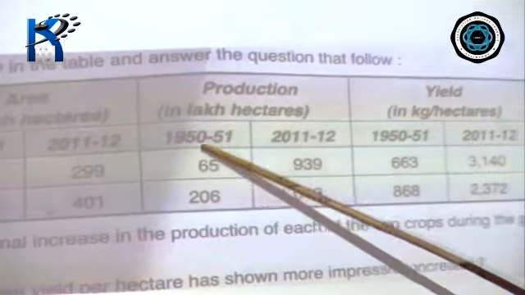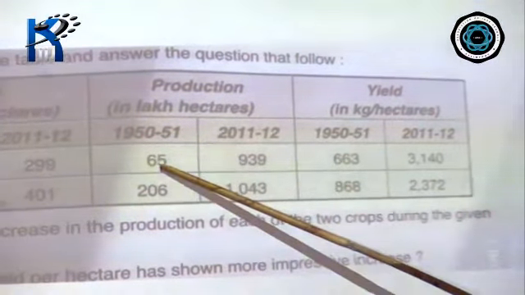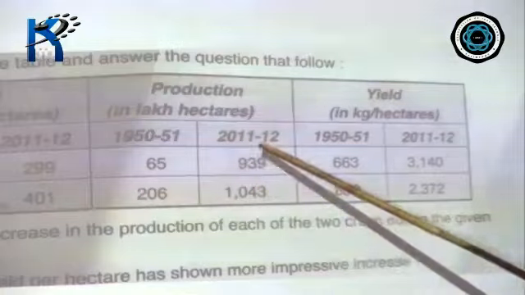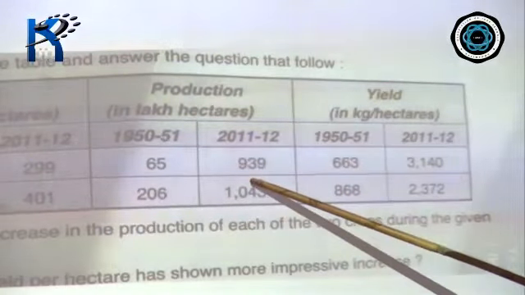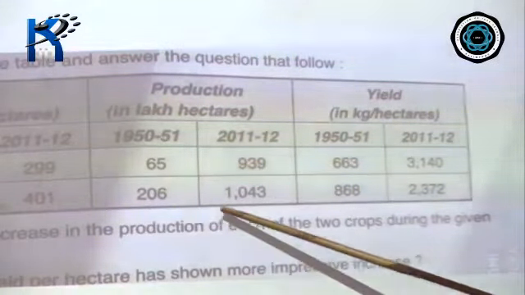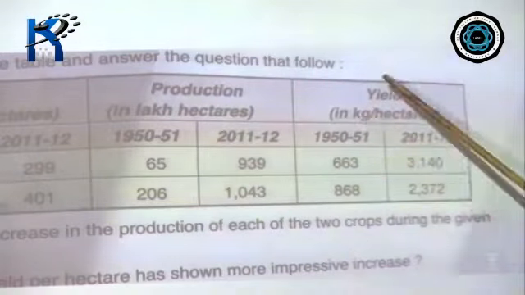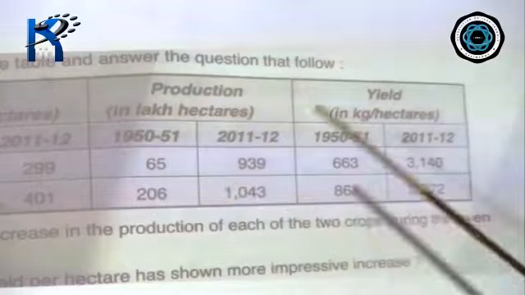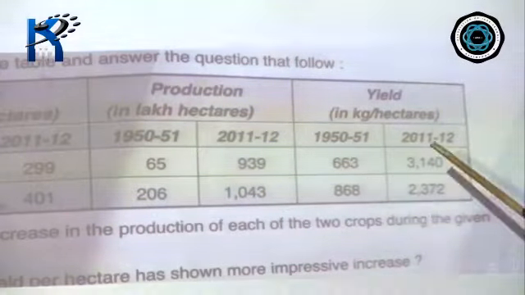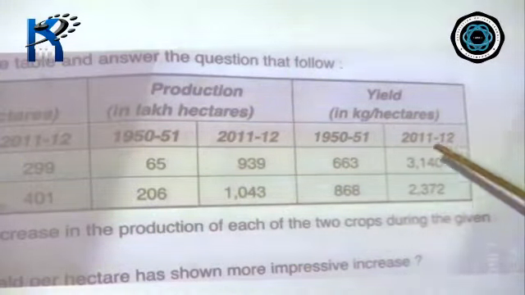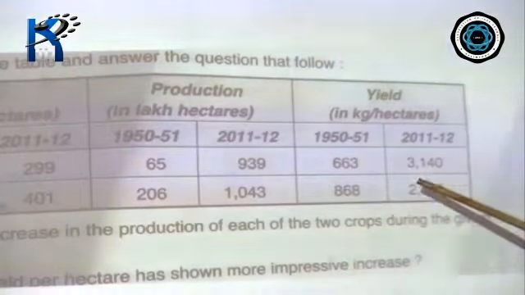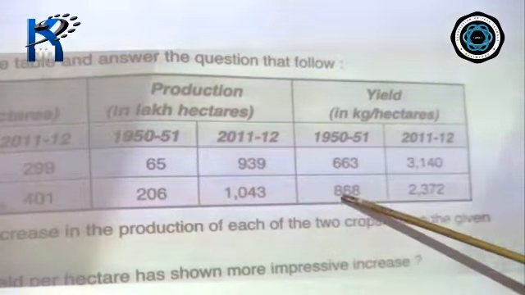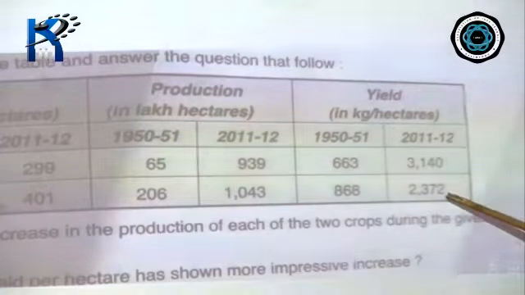In 1950-51, production was 65 for wheat, and then 939, 206, 1043. And the yield in kg per hectare in 1950-51 for wheat was 663, and for 2011-12, wheat was 3140. Rice was 868, and 2372 in 2011-12.